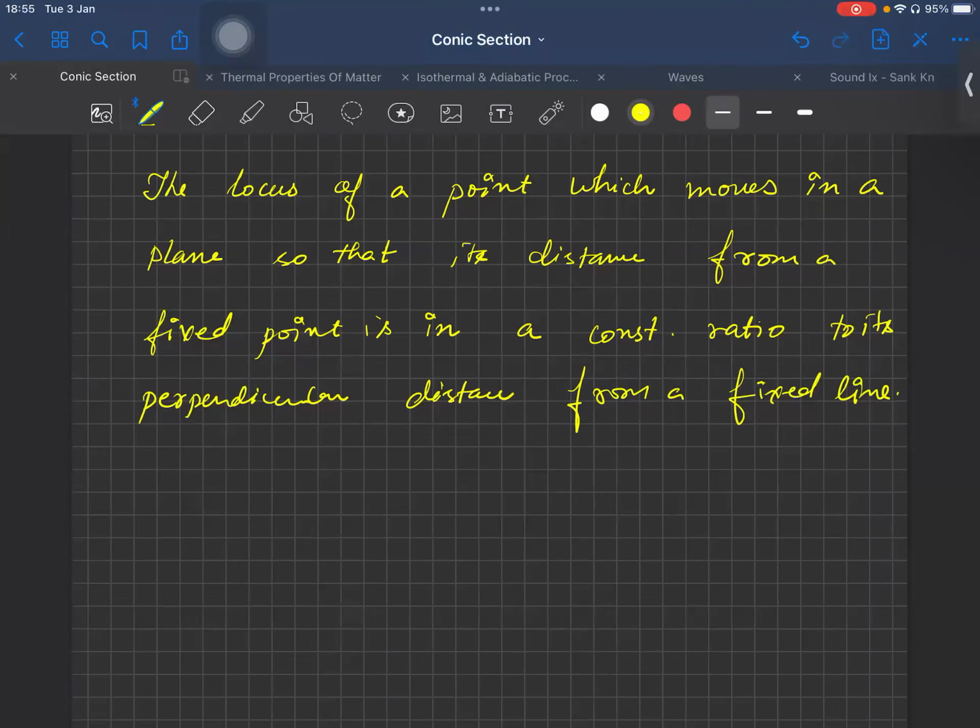This fixed line is called directrix, and this fixed point is called focus. This is valid for all conic sections.